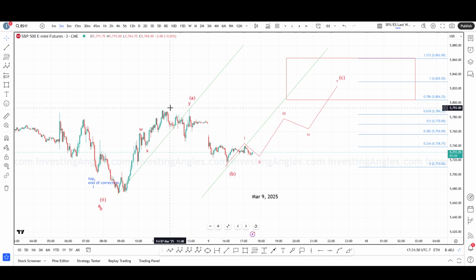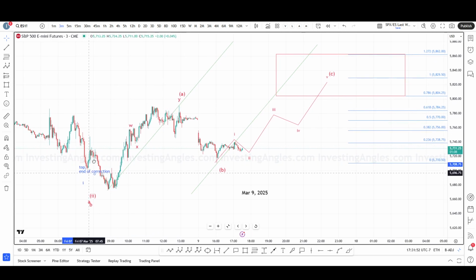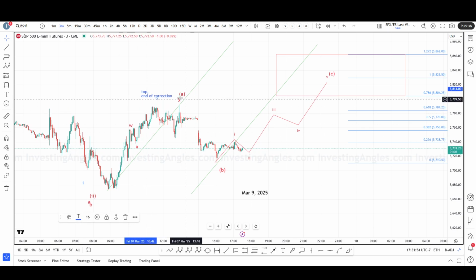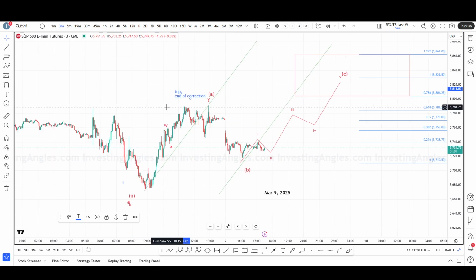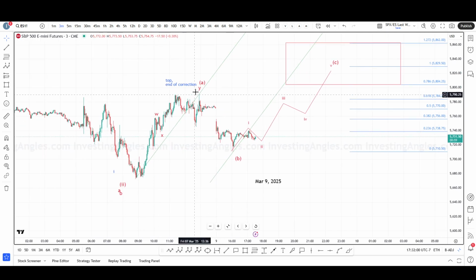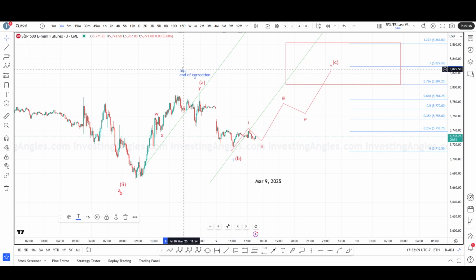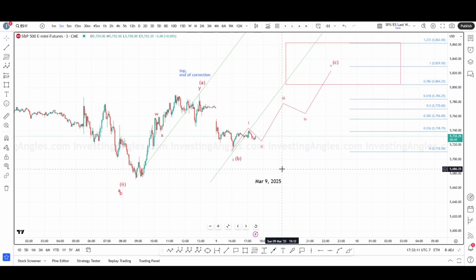Another path, it's the blue one. So potentially this is everything that we get for a corrective action. And this was the very first wave down. It could be an impulse. So we are assuming also that this is the top of the correction and this is wave 1.